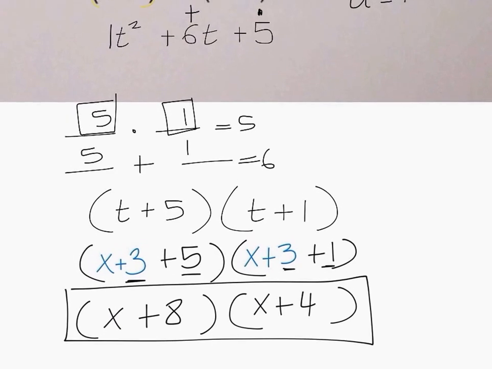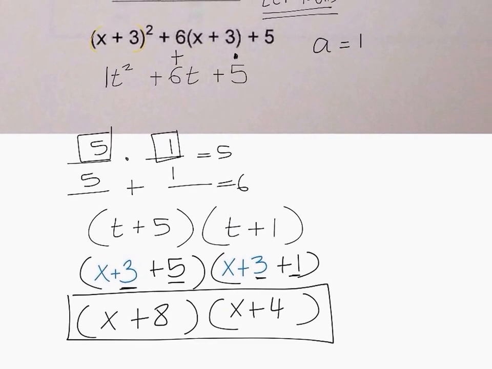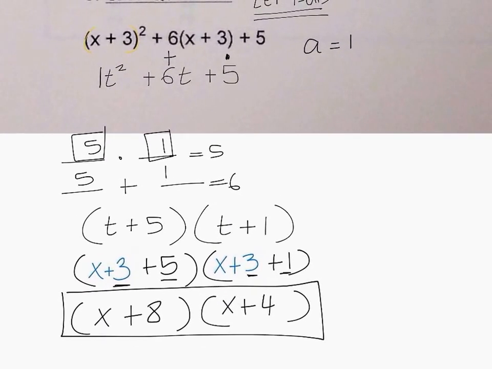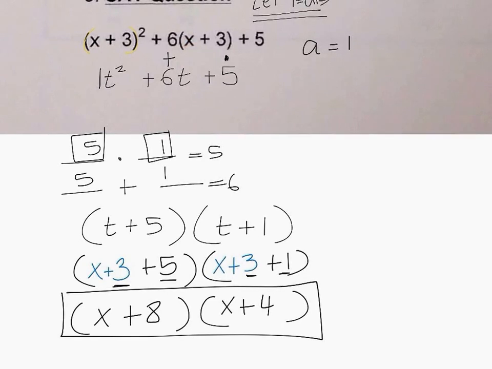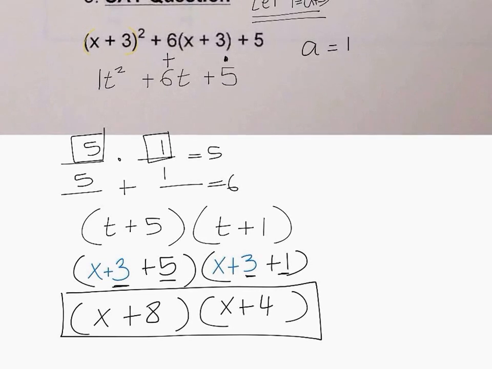So if you have something like this, and you will have something like this on the SAT, a lot of students are tempted to FOIL, write x plus 3 twice, and distribute the 6, and then combine like terms and factor whatever they get from that. Now, yes, you will get the same answer, but it's a long process, and you need to be faster on the SAT.